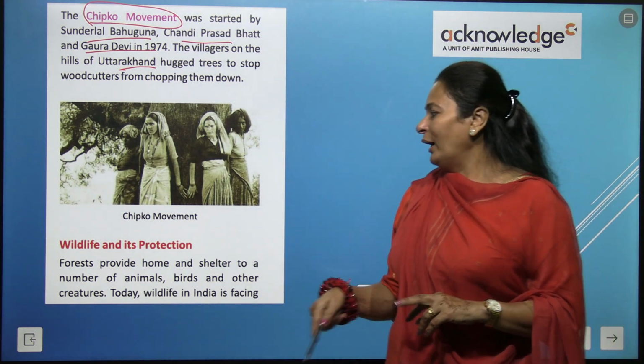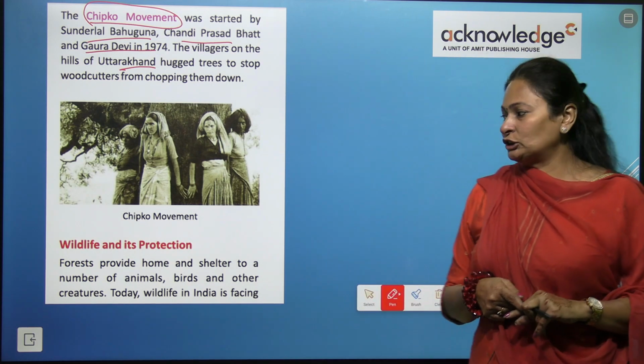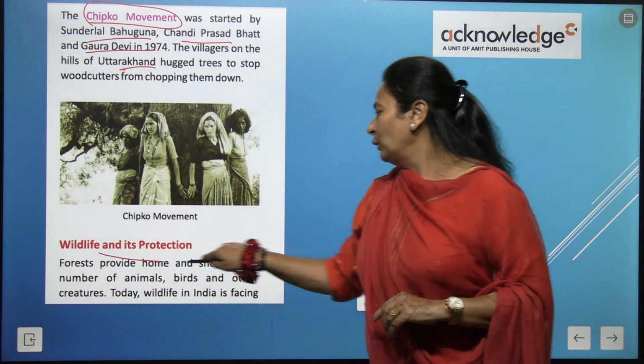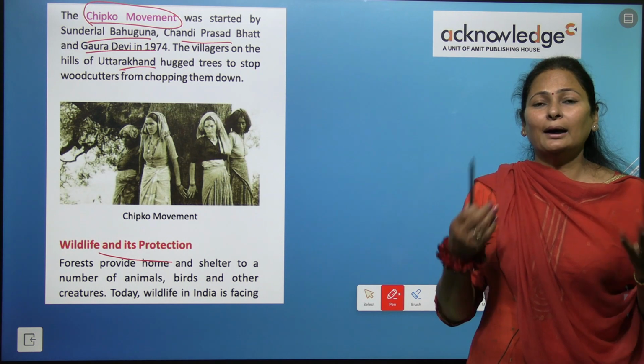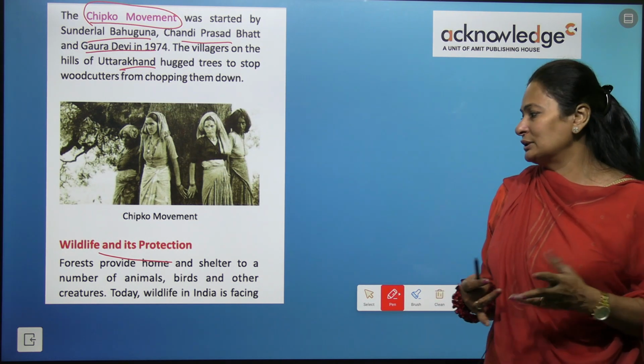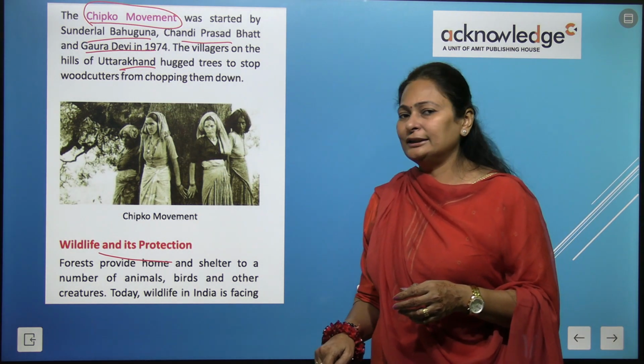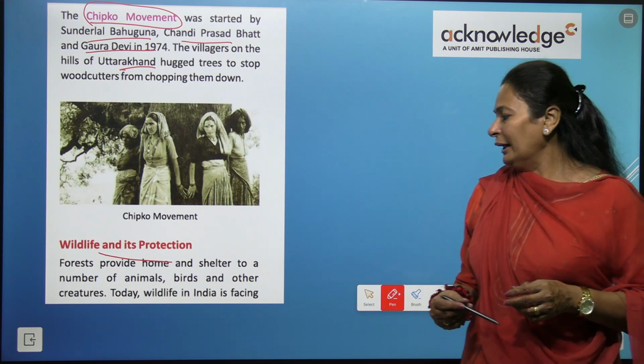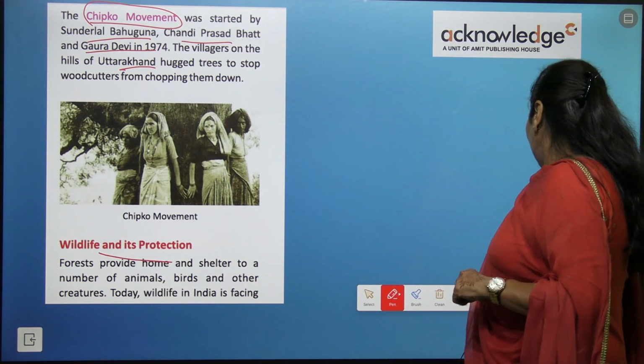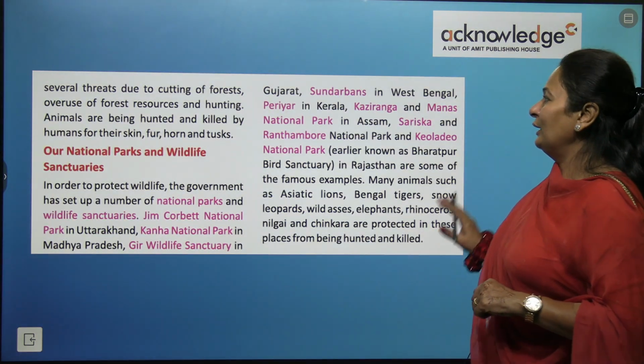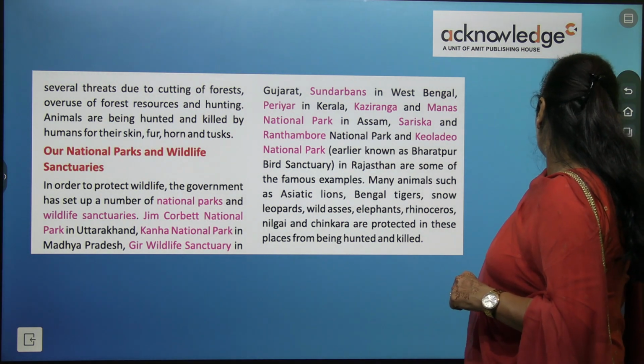Now wildlife and its protection. Forests provide home and shelter to a number of animals, birds and other creatures. Today, wildlife in India is under several threats. Why is it so?